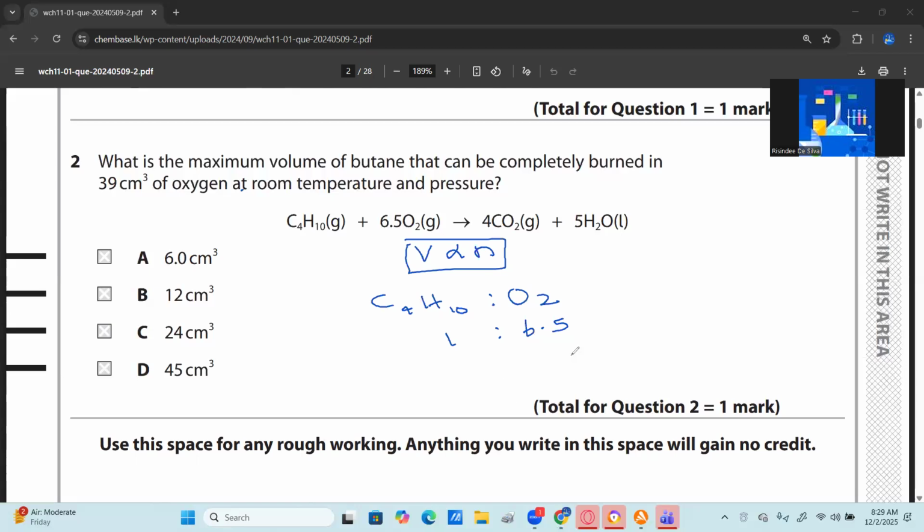So when you have 39 cubic centimeters of oxygen, that is for 6.5, then we can easily find how much is for 1. Here divide 39 by 6.5. So you get the answer as 6 cubic centimeters, and the correct answer is A.